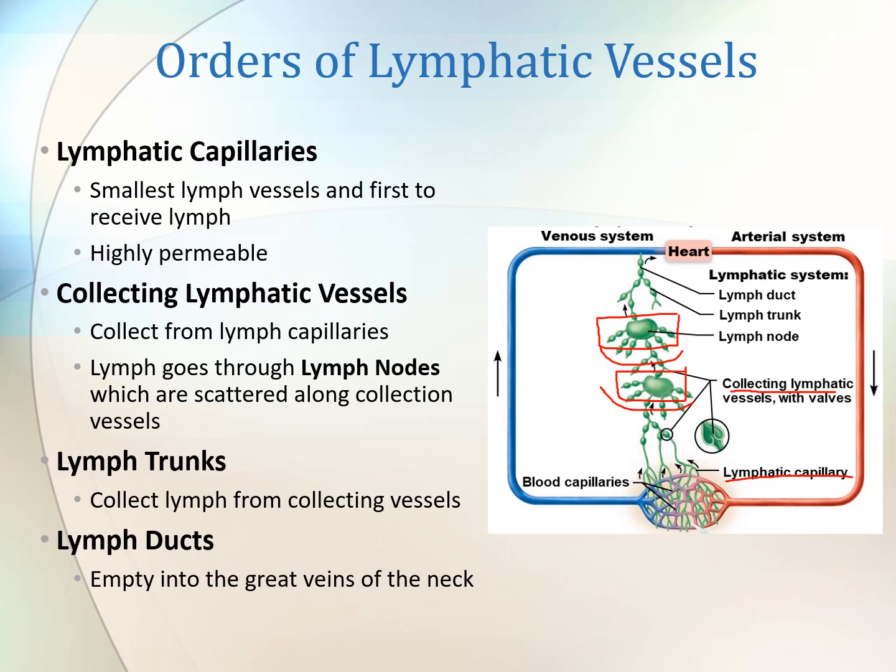So the lymph ducts are the biggest, and essentially they are what are going to merge with some of the veins in the neck. Okay, so size-wise, we have smallest to largest. So just like we talked about the venous system, okay, increasing in size, and they're all going to merge together.